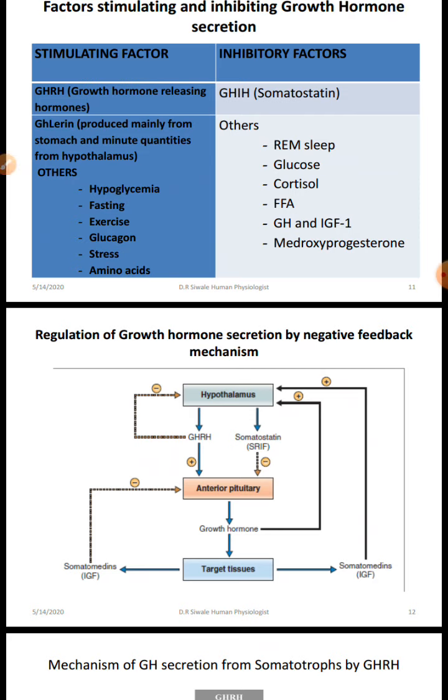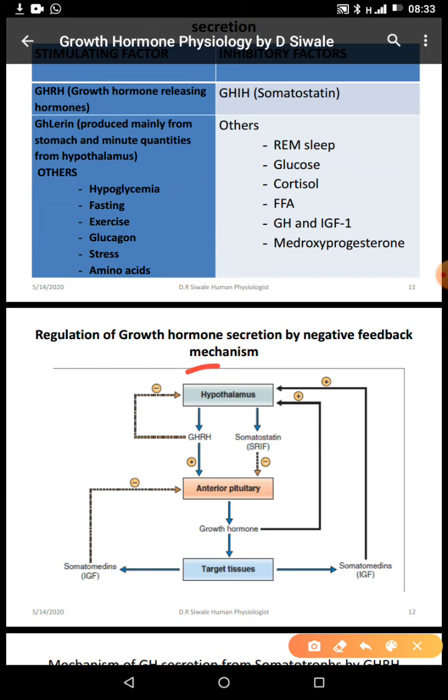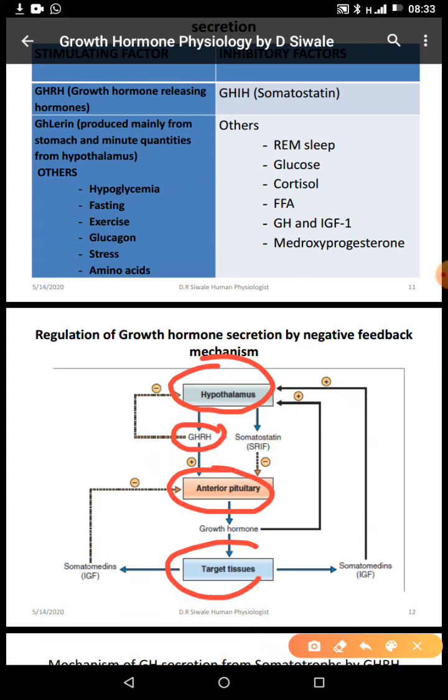So we have this diagram which shows you how growth hormone is regulated. First of all, the hypothalamus releases a hormone called growth hormone releasing hormone, which binds to the somatotropes of the anterior pituitary gland, and through certain transduction mechanisms it will cause the release of growth hormone, and the growth hormone will bind on target tissues.